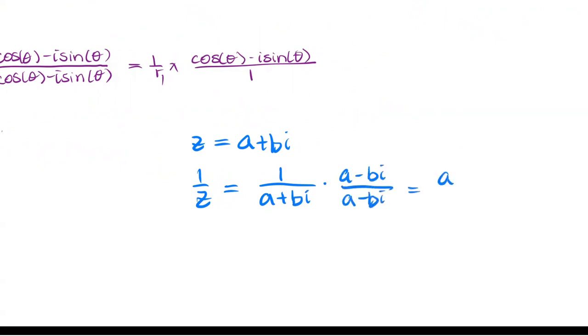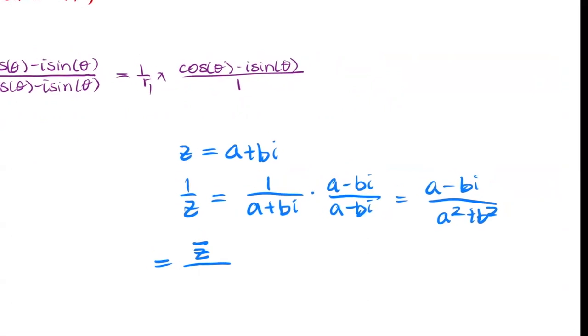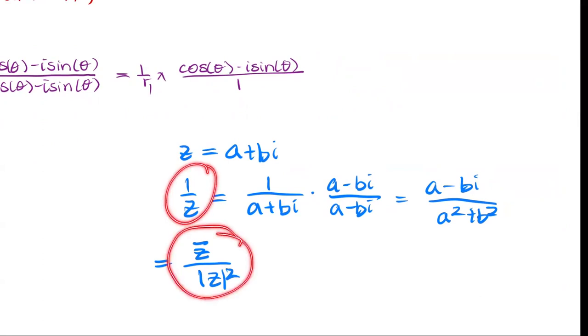So we get a minus bi divided by a squared plus b squared in the bottom. So that is also just equal to the complex conjugate of z divided by the modulus of z squared. So that means we could also rewrite 1 over z as this number here.